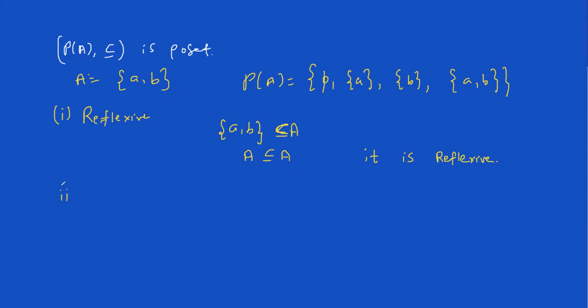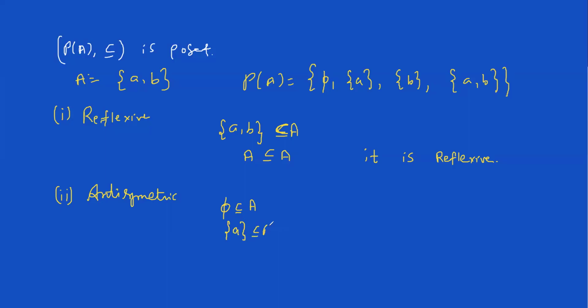Second thing, antisymmetric. What is antisymmetric? Phi is a subset of A, but you cannot write A is a subset of phi, right?